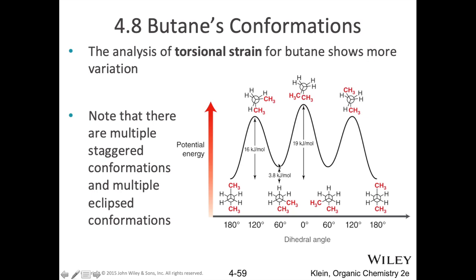Likewise, having our two methyl groups across from each other is much more stable than having them at 60 degrees to each other. Notice that this conformation, what we call an anti-conformation, where our two methyl groups are across from each other, is lower in energy than these conformations where they are 60 degrees from each other, what we call a gauche interaction.